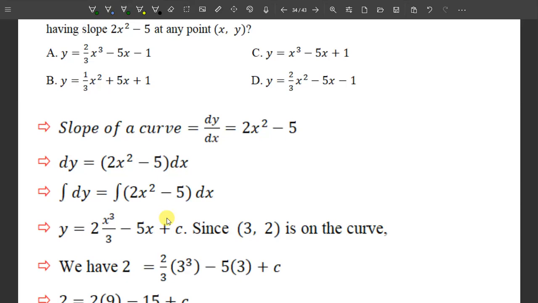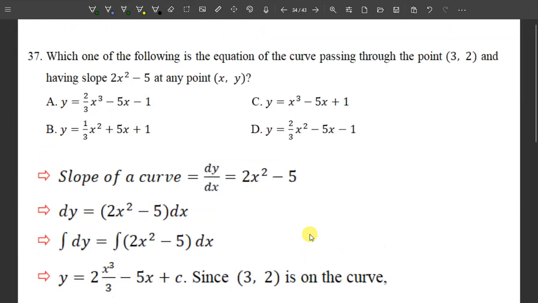Since any parallel curves have the same derivative, we need to add a constant c. Therefore, y = 2x cubed over 3 minus 5x plus c.